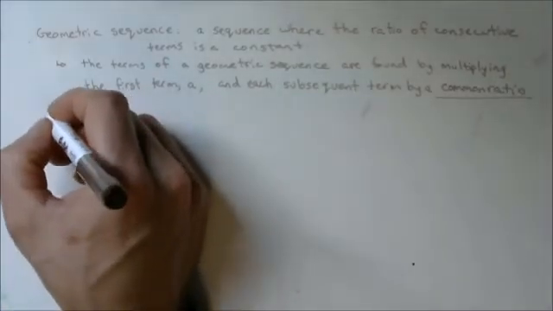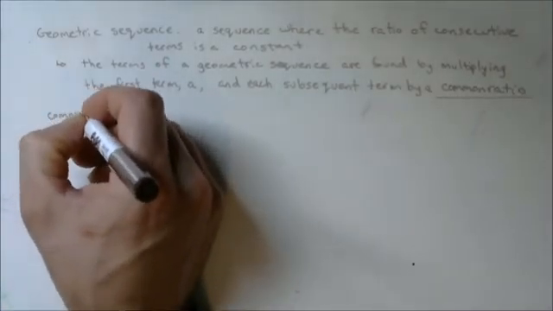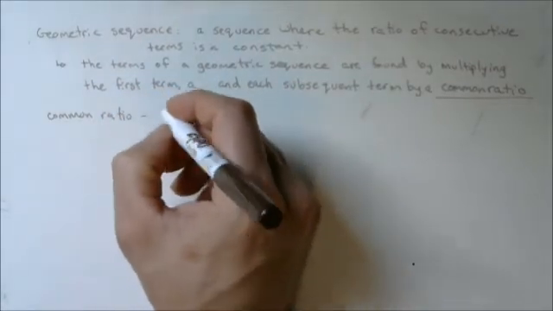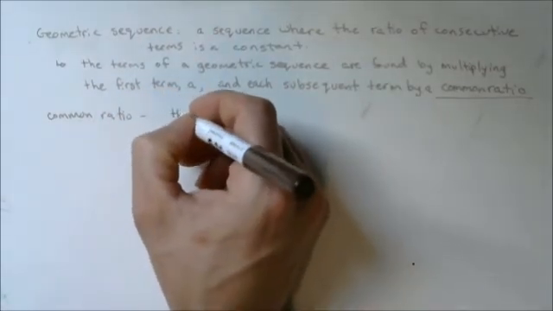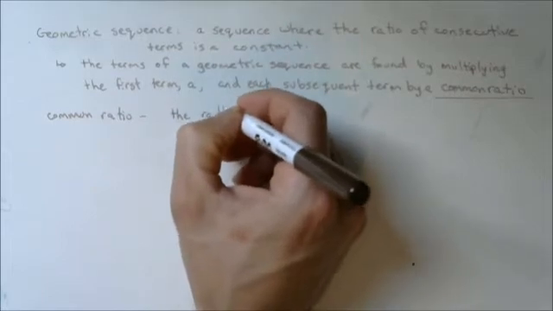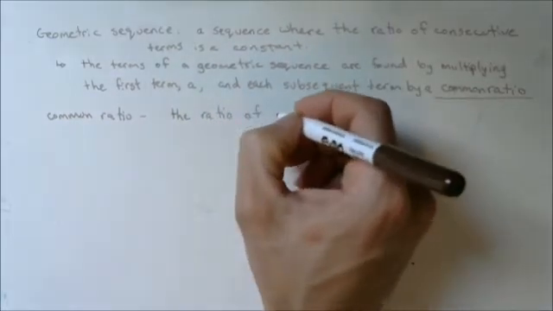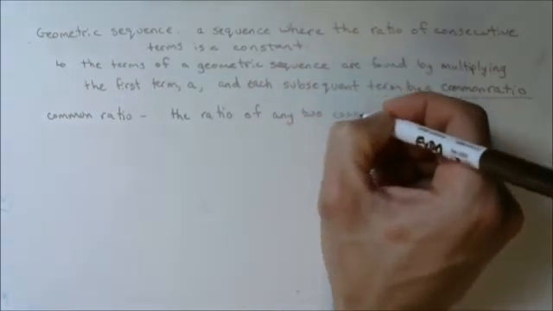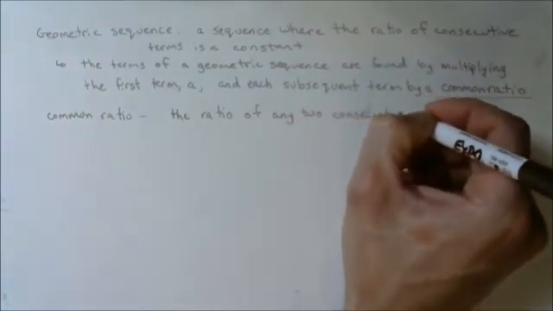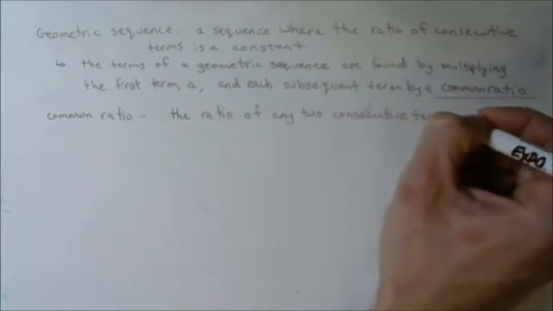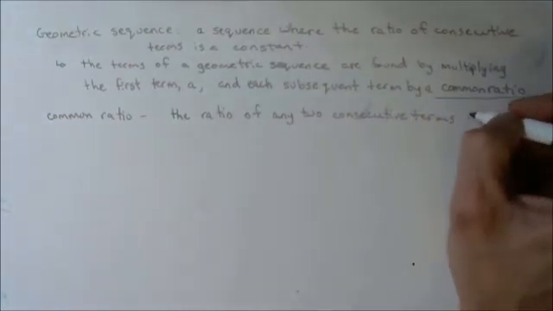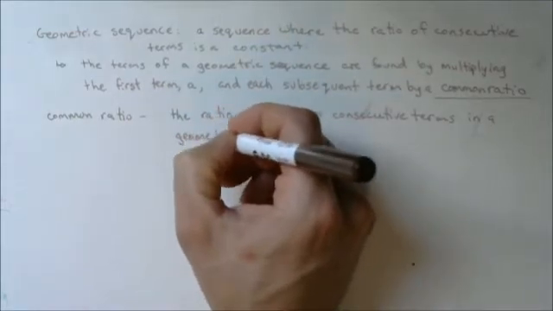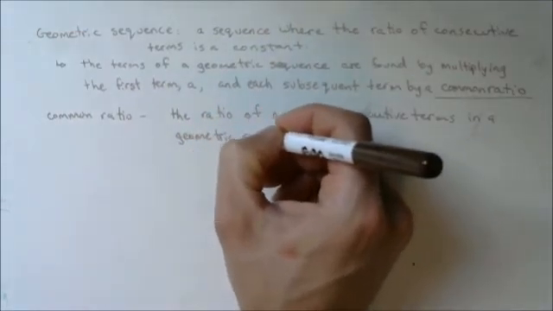So let's take a little note just on common ratio. Common ratio is the ratio of any two consecutive terms in a geometric sequence.